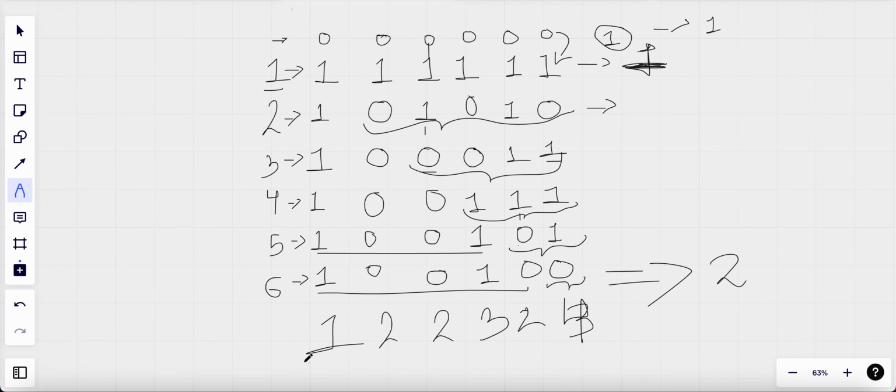So the numbers of toggles that are odd are 1 for bulb 1 and for bulb number 4. This is bulb number 4 and this is bulb number 1. So only these two were toggled an odd number of times. So what happens if you toggle it an odd number of times? Well, it will remain turned on at the end, right?